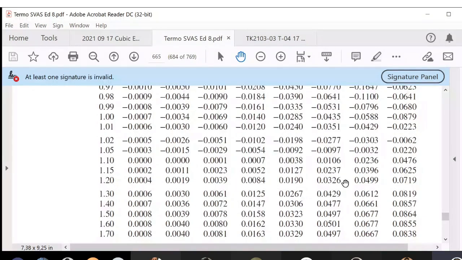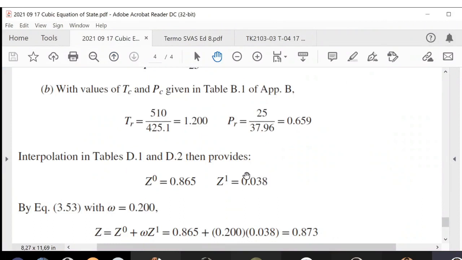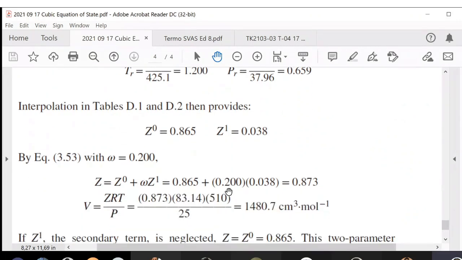So we get the Z1 around 0.03, 0.04. To be exact, it is 0.038. This is how to get Z0 and Z1. After this, we use that Z0 and Z1 to calculate the Z, the compressibility factor, after Z1 is multiplied by the omega, 0.2. Then we get the compressibility factor, 0.873.